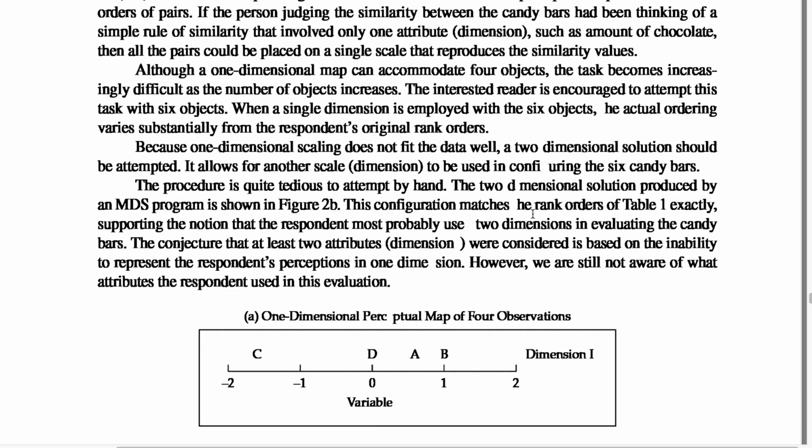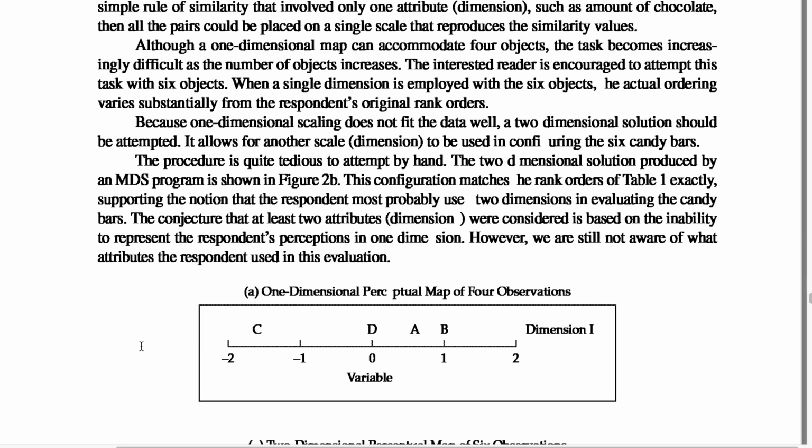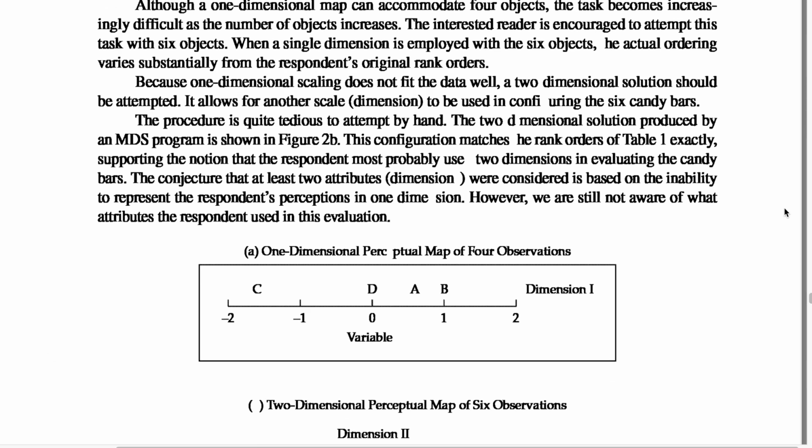This configuration matches the rank order in Table 1 exactly, supporting the notion that respondents most probably use two dimensions in evaluating the candy bars. The conjecture that two attribute dimensions were considered is based on the inability to represent the respondents' perceptions in a one-dimensional solution.